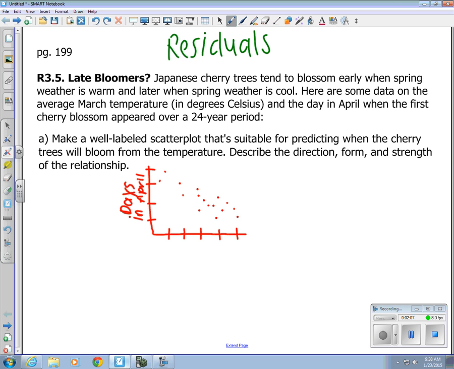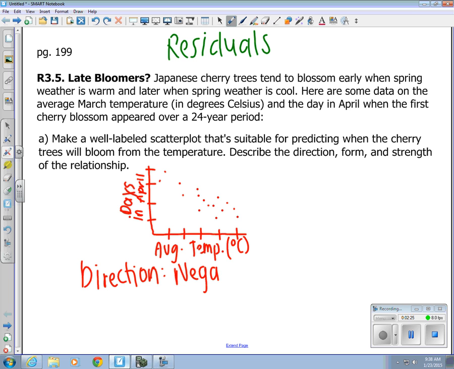And the X is the average temperature in degrees Celsius. And then the direction is negative, because as the average temperature goes up, the days in April goes down. So as the X goes up, the Y goes down.